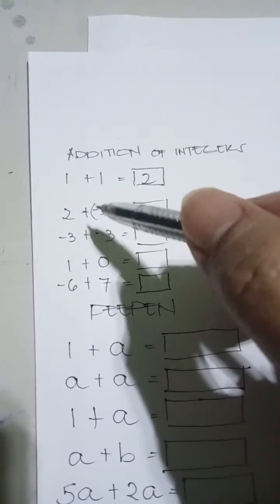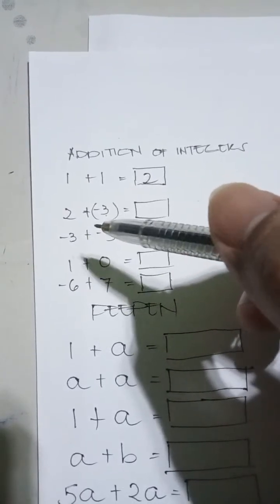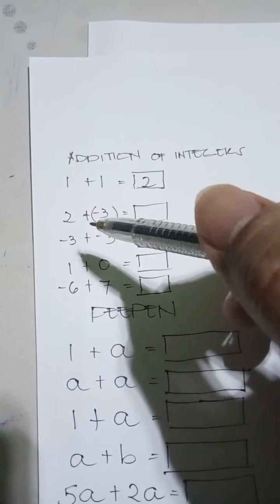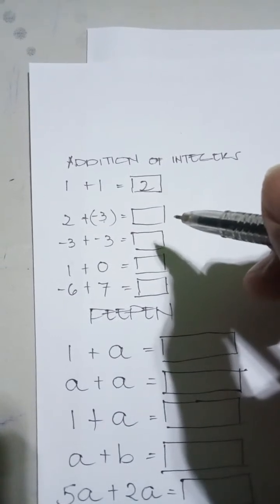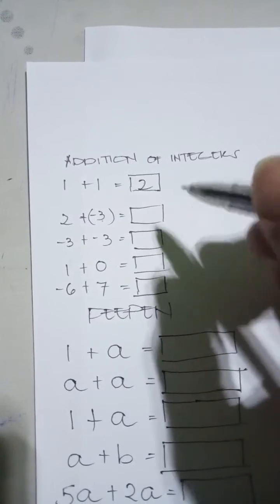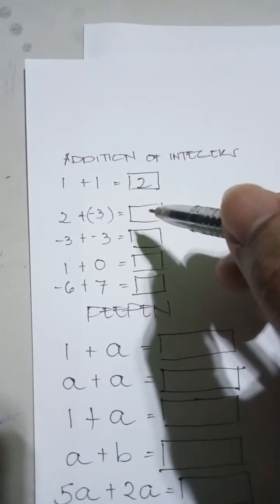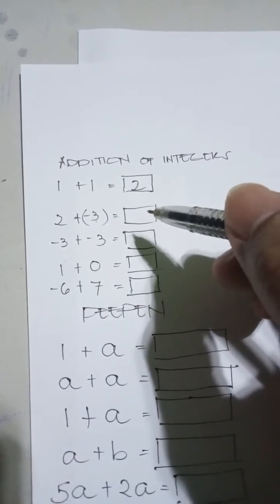Therefore, you must add by operation, but because of the negative sign, you will deduct 2 from 3. So 3 minus 2 will give you 1.